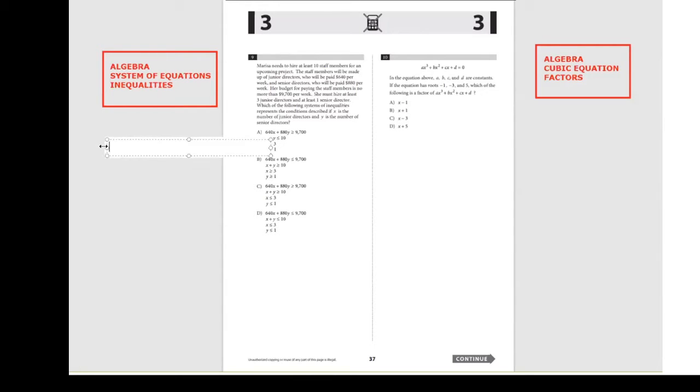Her budget for paying the staff members is no more than $9,700 per week. She must hire at least 7 junior directors and at least 1 senior director. Which of the following systems of inequalities represents the conditions described if X equals the number of junior directors and Y is the senior directors?